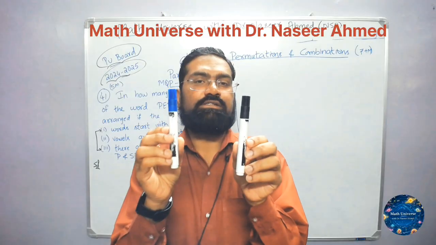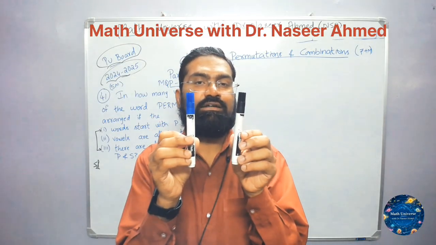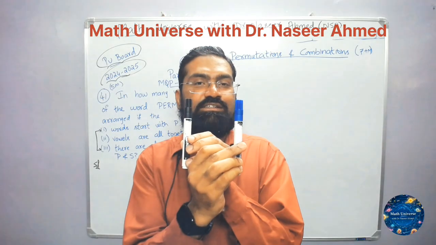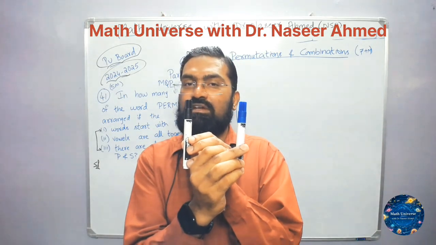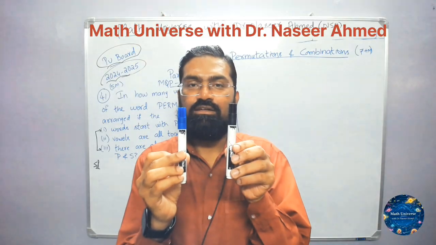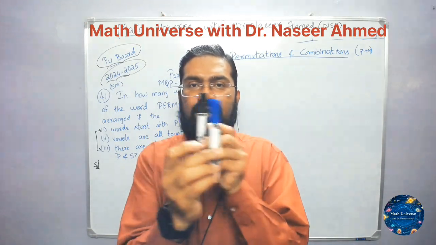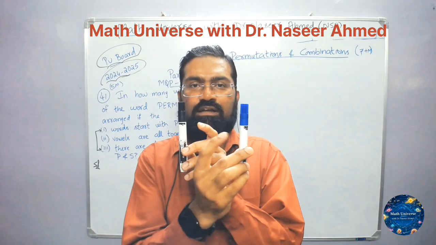Now I have got two objects. In how many ways can I arrange them? One like this, other like this. So two ways. In this, as per your view, this is left, this is right, and now this is left and this is right.